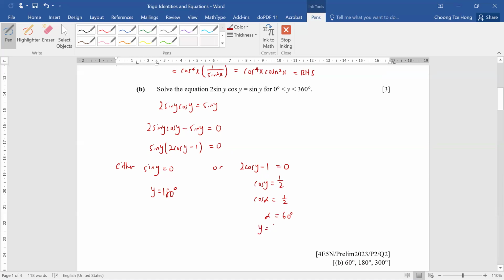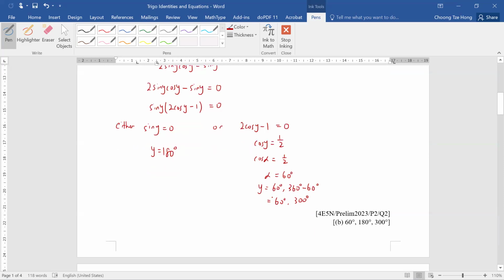Therefore y will be 60, and the fourth quadrant will be 360 minus 60, so 300. So the three solutions will be y equals 60, 180 and 300. You always arrange in ascending order for the final answer. So this is how you work out questions like this.